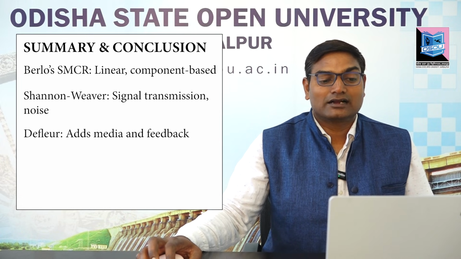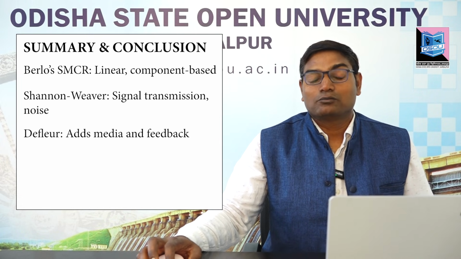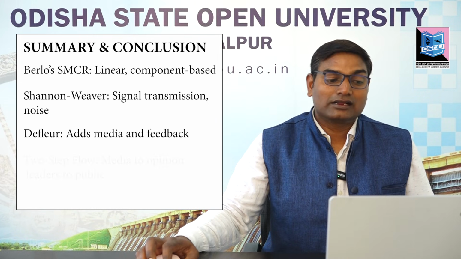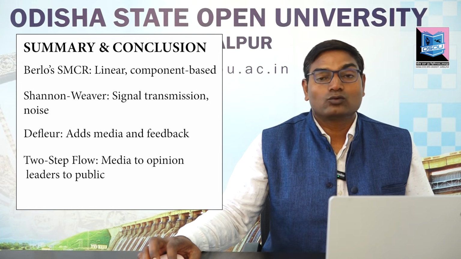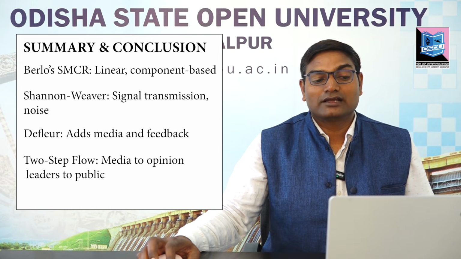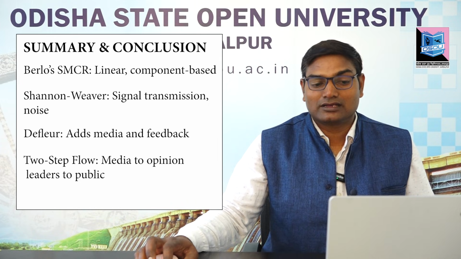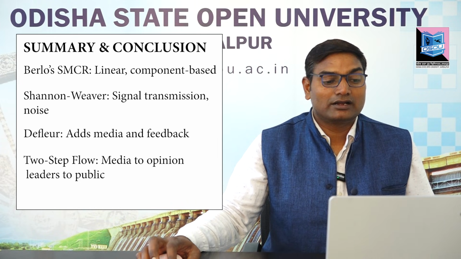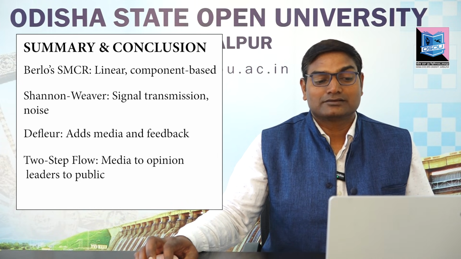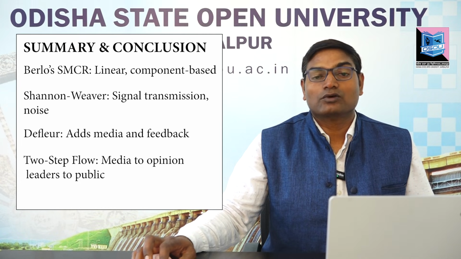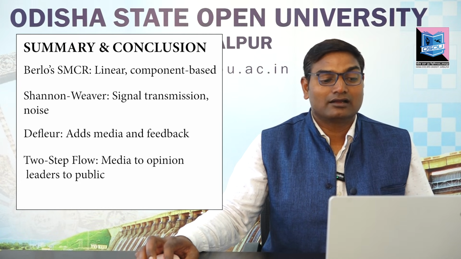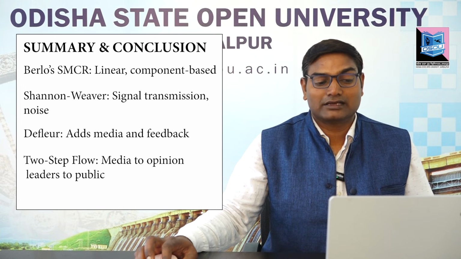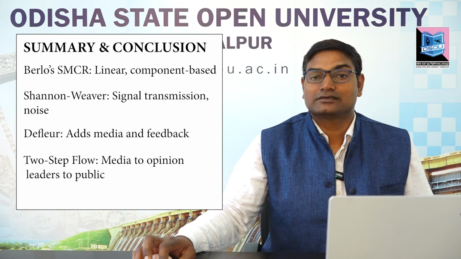DeFleur extends this by adding media effects and audience feedback. The two-step flow model brings in the social dimension, showing how interpersonal relationships shape communication. Together, these models provide a rich understanding of how we share and interpret messages.